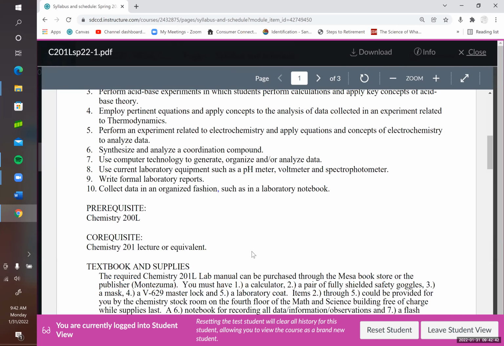This course requires a prerequisite Chem 200 lab. And I'm assuming that the Chemistry 200 lab that you guys took was a face-to-face class, and that you got into doing experiments in the lab by hand.